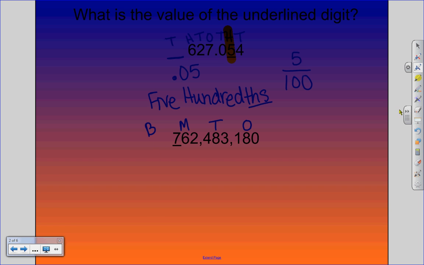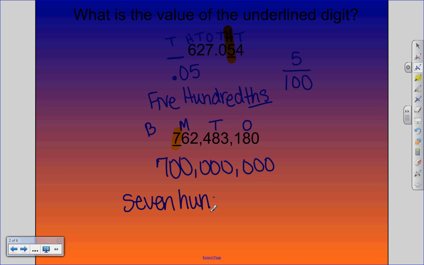We don't have any billions in this number, but we do have millions. So we're going to look at this 7, and the value of that 7 is going to be 700 million. Written out. There you go.